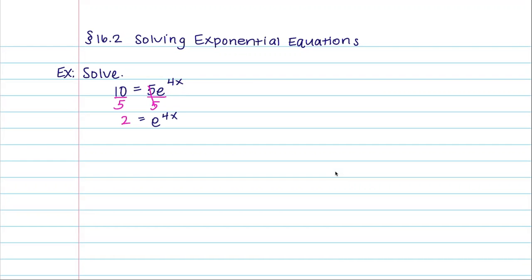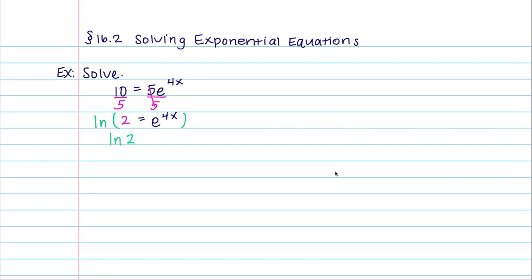All right, so now we have to think about how we can get this exponent down. If we take a log on both sides, we'll be able to bring our 4x down. Instead of a log, I'm going to use a natural log because I noticed that I already have a base of e. Taking the natural log of both sides is going to cancel out with that e.